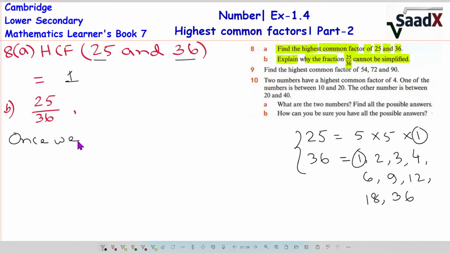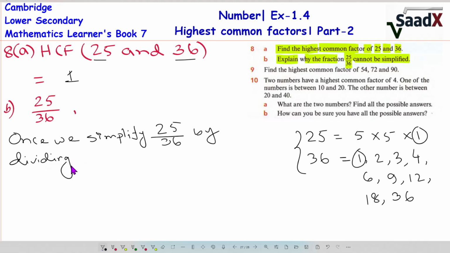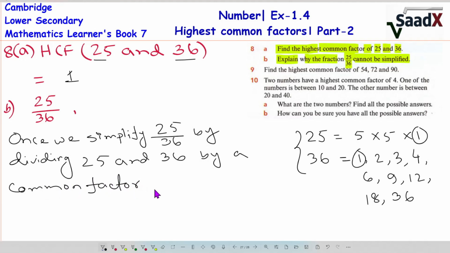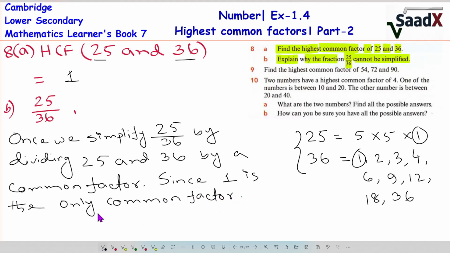once we simplify 25 by 36 by dividing 25 and 36 by a common factor, since 1 is the only common factor, the fraction cannot be simplified.